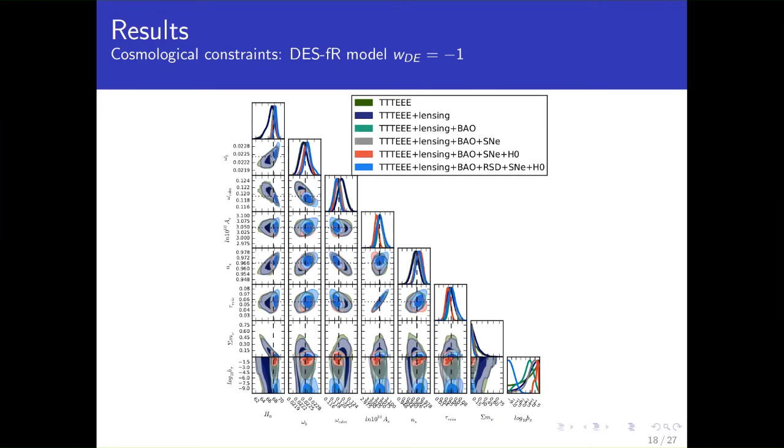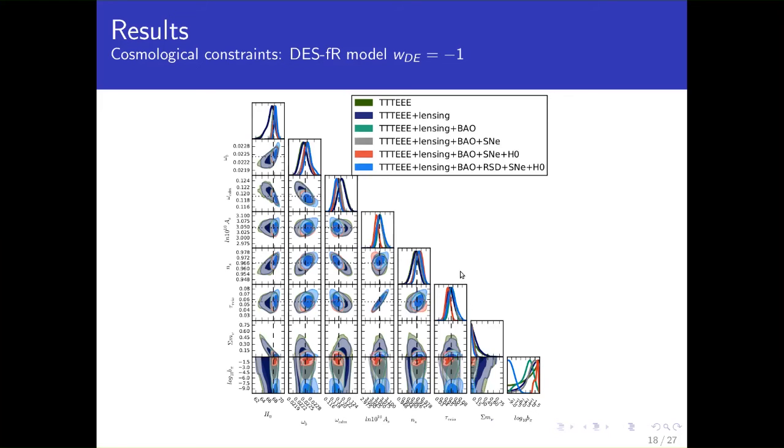Good, so these are the results for the designer f of R model, the one which matches the background evolution of lambda CDM, with different data. In all the figures I will show you, the black dashed vertical lines indicate the results from Planck for lambda CDM. And as you can see, all the parameters in common with lambda CDM are in good agreement with our results.